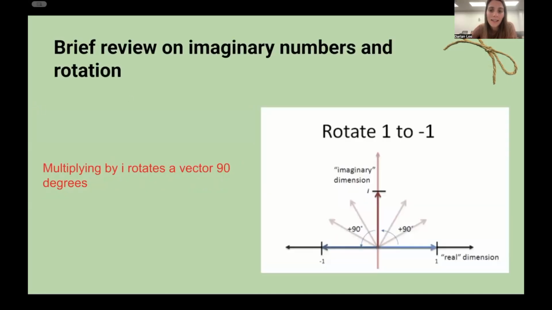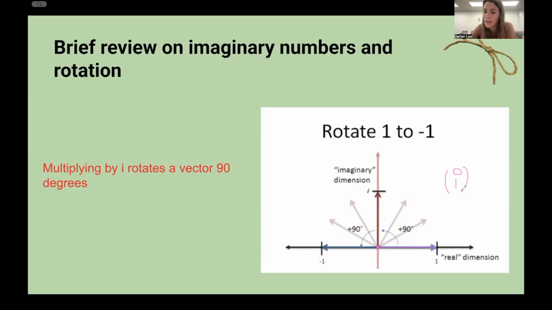So imagine we have this complex number line where we have the real dimension and the imaginary dimension. We can think of i as rotating 90 degrees. And my proof of this is, let's say we have a vector where the first component is 0 and the second component is 1, so something like 0, 1.